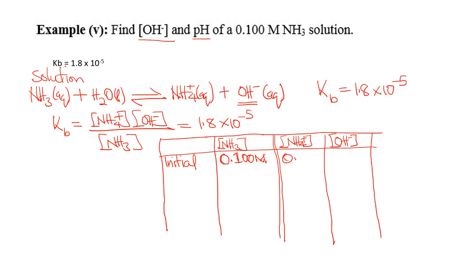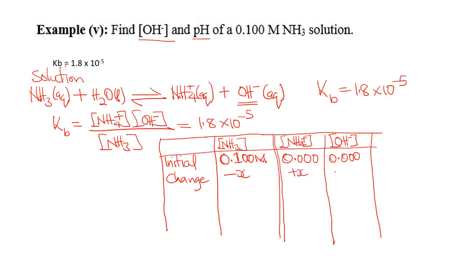But at the beginning we didn't have these, so these will be 0.000. The change, as usual, will be negative X because ammonia is losing to form product.